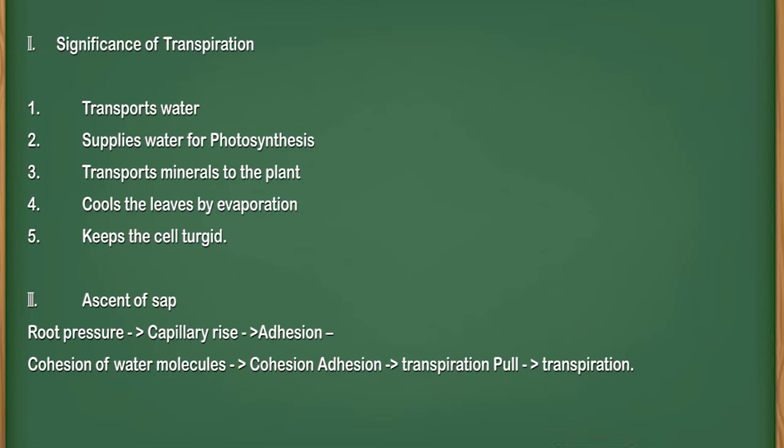And again it keeps the cell turgid. Then ascent of sap. Water goes through the root from the soil. Then the root map I have given. Root pressure, capillary rise, adhesion, cohesion of water molecules, transpiration pull and transpiration.